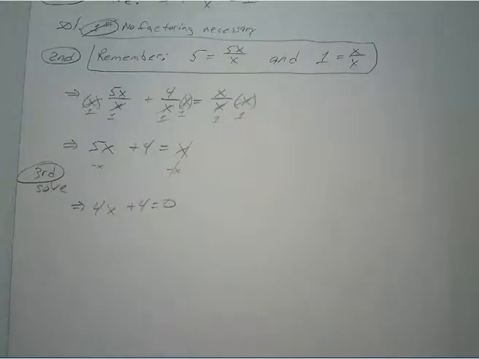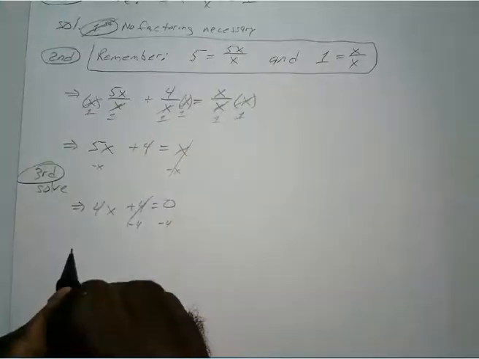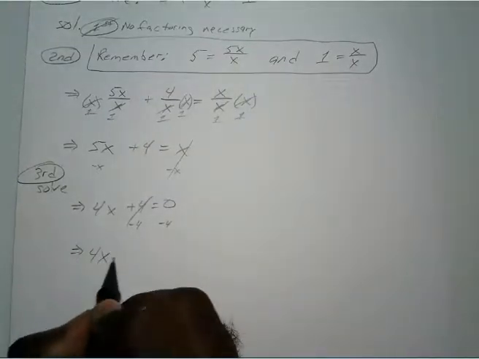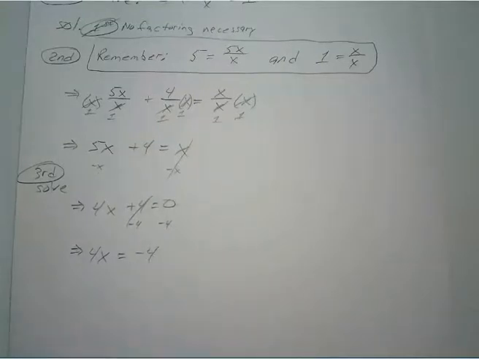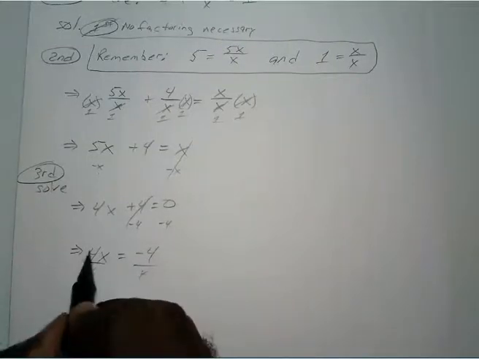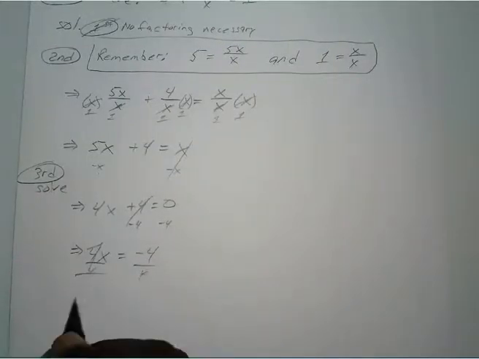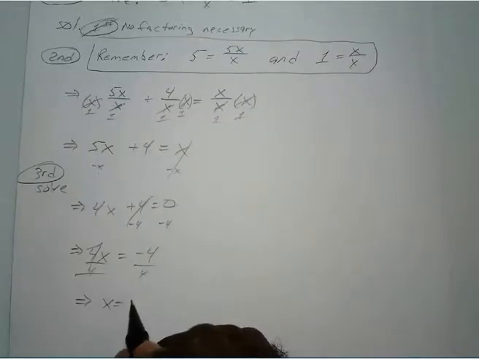Okay, so now we just go ahead and subtract 4 from both sides. So we have 4x equals 0 minus 4, which is negative 4. So now as soon as we divide both sides by 4, anything divided by itself is 1, we will have x equals negative 4 divided by 4, which is negative 1.